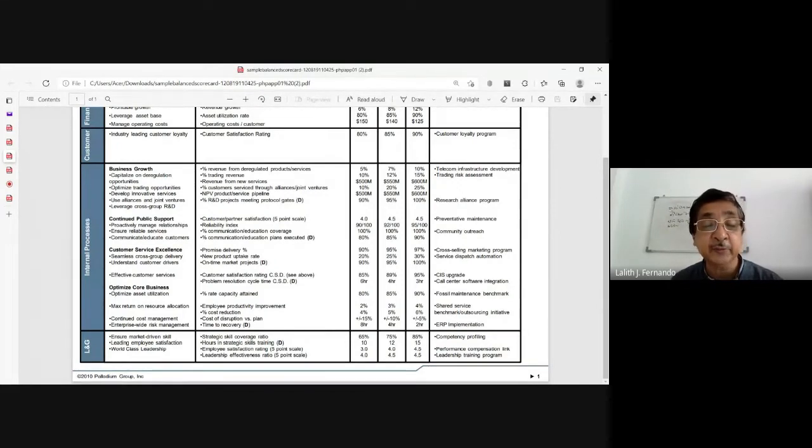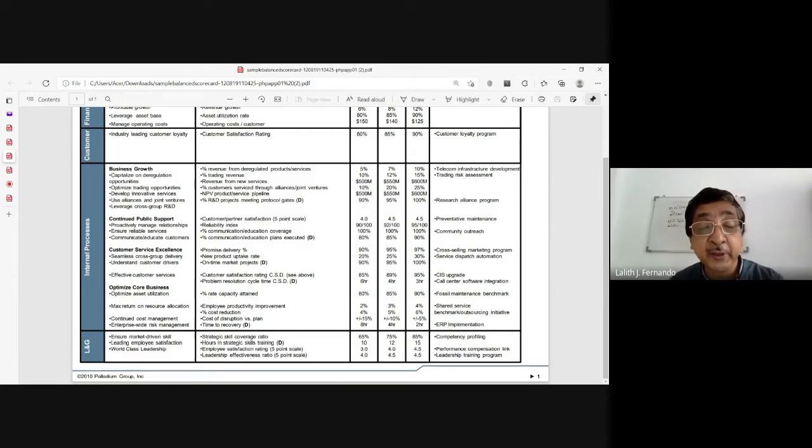That is a driver, hours in strategic training. If you can increase the hours in strategic training year by year, that means you are really going towards a situation where you can learn several skills in the organization, and you will be in a position to make use of those skills in your strategic activities.